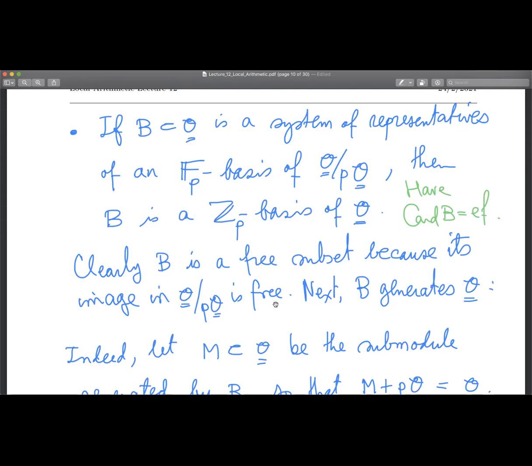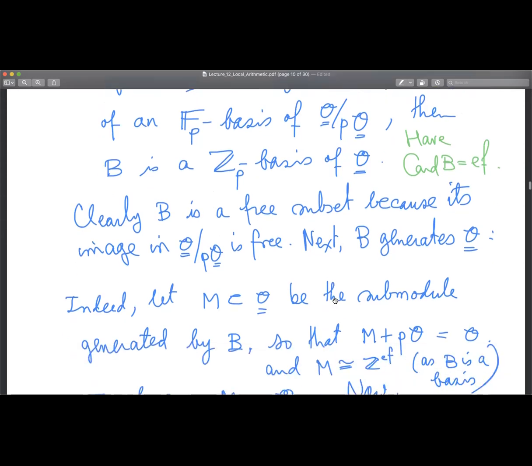I mean, if there was some relation of linear dependence, then I'll get the same relation modulo this ideal. Therefore it's a free subset. And next I want to show that it generates the ring O.